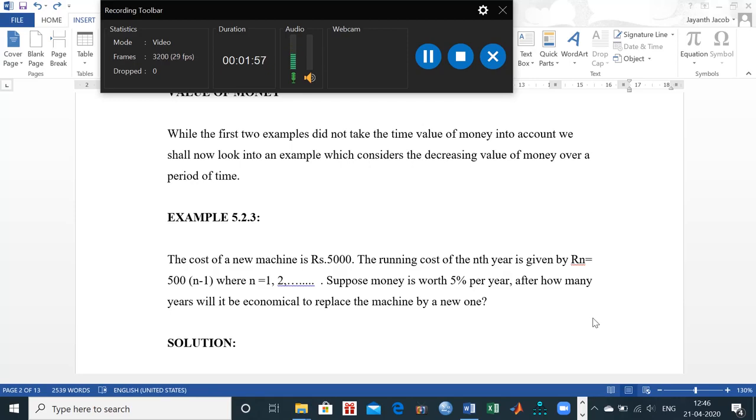As simple as if I say the money is worth 10% every year, and if I borrow 100 rupees this year, when I return it the next year I should pay back 110 rupees, because what I might be able to buy with 100 rupees this year might cost me 110 rupees next year.